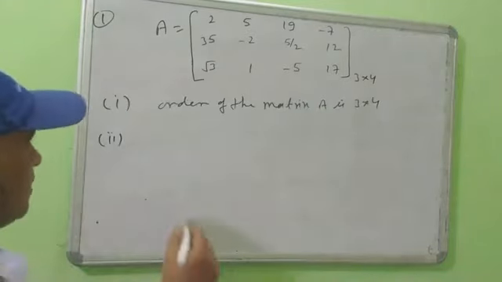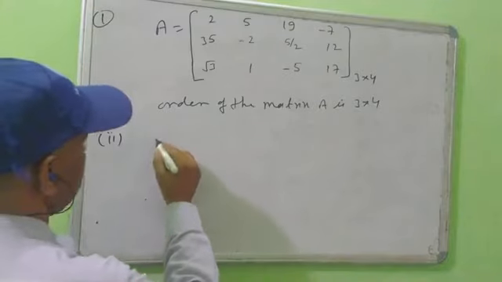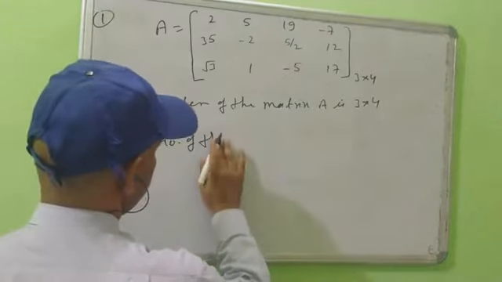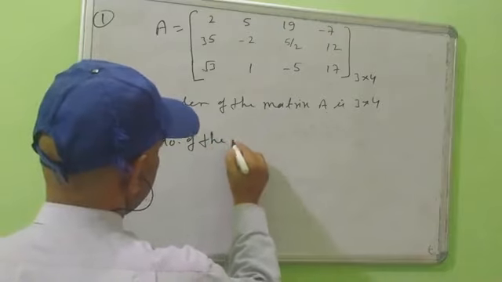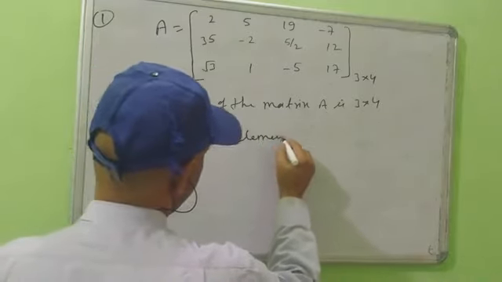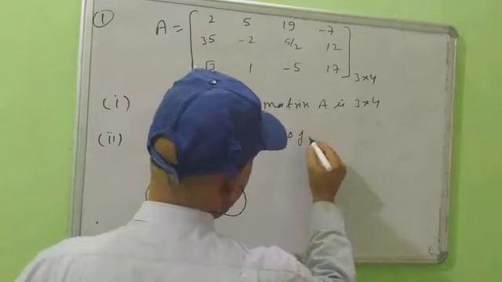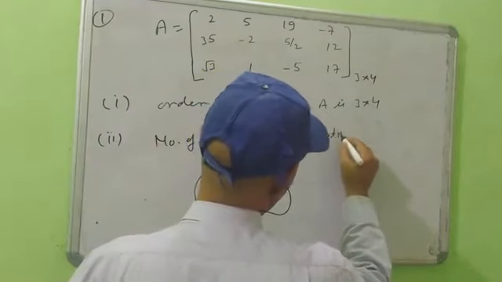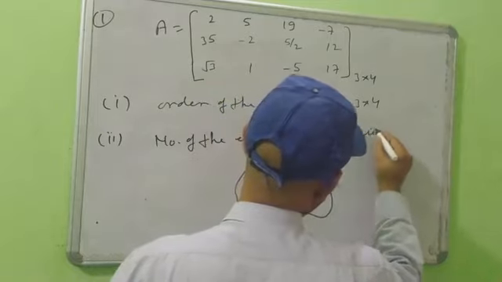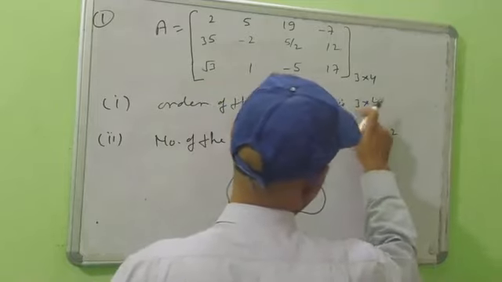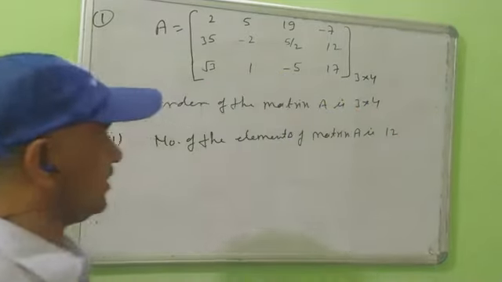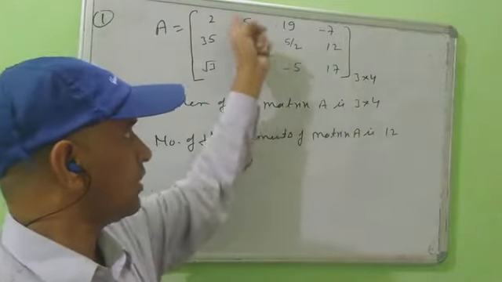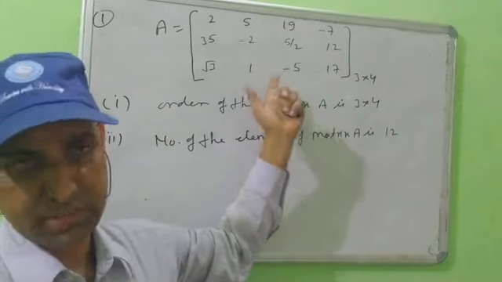The number of elements of matrix A is 12. 3 into 4, 12. First technique, you directly multiply 3 into 4, you get how many elements are in this matrix.